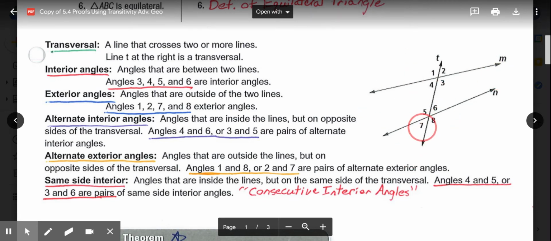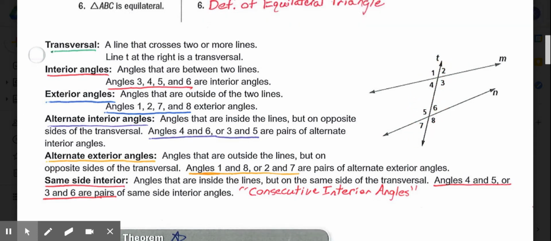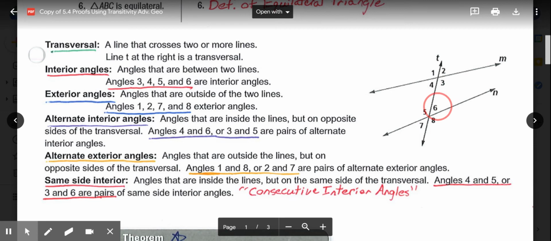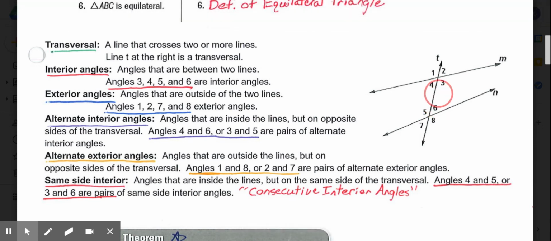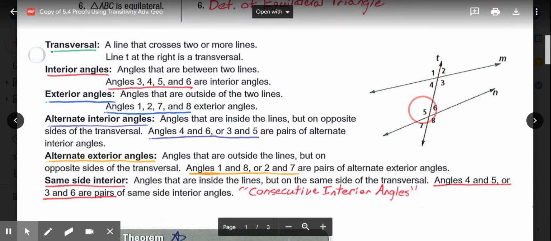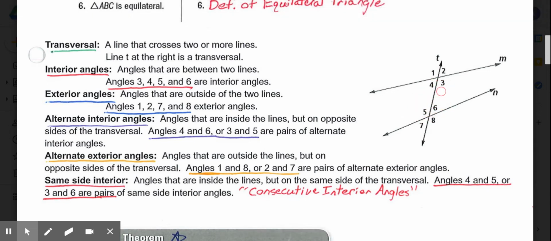Looking at the diagram over here, T is the transversal that crosses line M and line N. The interior angles are the ones that are between the two lines along the transversal. Looking at this diagram, our transversal T, the two lines M and N, the interior angles would be angles 3, 4, 5, and 6. They're all in between the two lines.